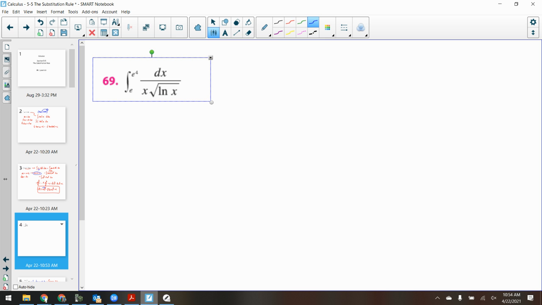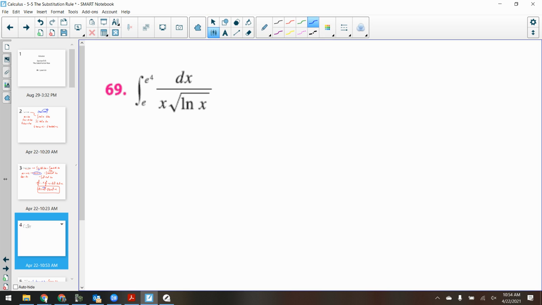Some good stuff there. All right, so, ooh, this one looks tricky. It looks like the only thing that's within something else is the ln of x, right? So it looks like u is ln of x. So du is, well, what's the derivative of ln of x? 1 over x, 1 over x dx.